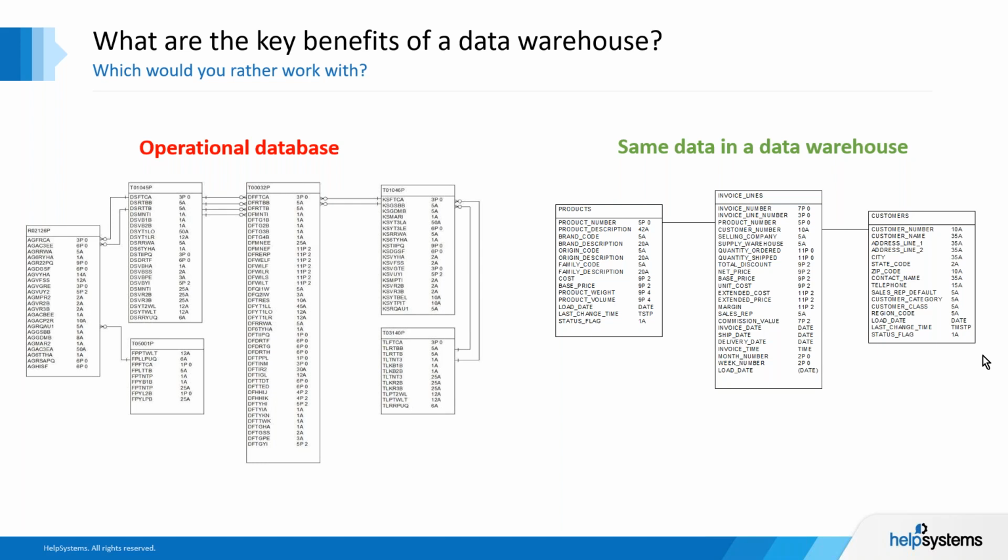Not only have we simplified the structure, we've used meaningful names and only included the information or data that we care about. So which of those would you rather use to write your reports over? That's a no-brainer. I'm all about simple, so I would definitely use the one on the right. Okay.